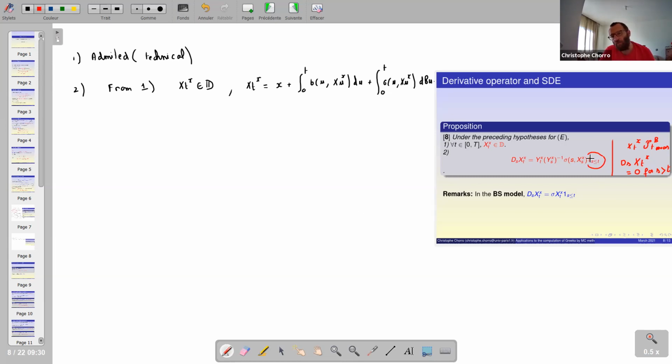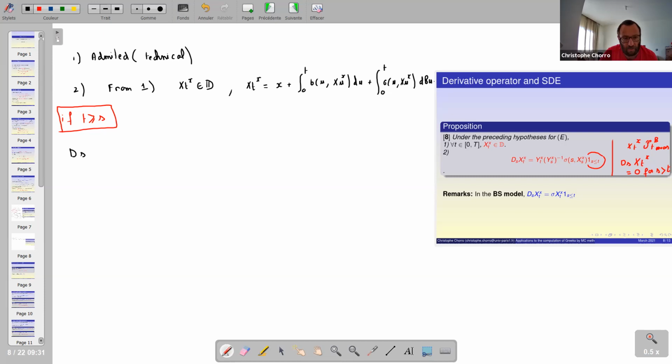And so what we are going to do here, since I know that if the condition of the indicator function is not fulfilled I have this equality, we are going to suppose that t is strictly greater than s, because when it is not the case, I already have this equality, since I have 0 in both terms here. And now we are going to be able to compute this.